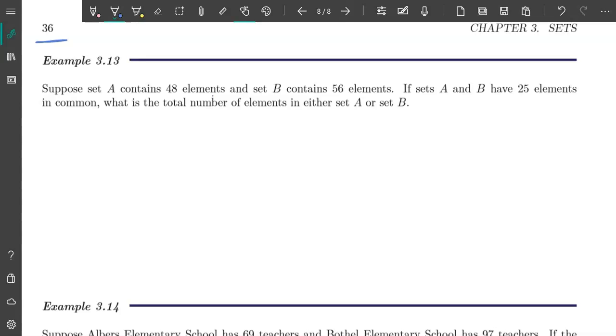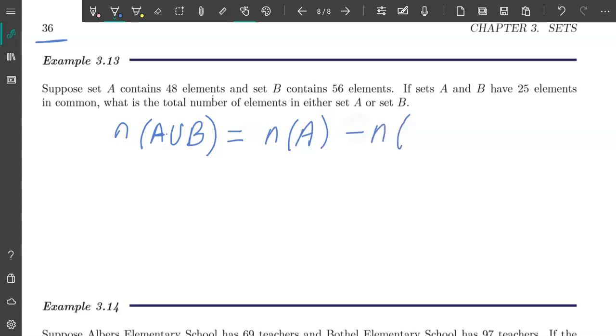So if we think about what the formula for the union is, that would be the number of A or B equals the number of A plus number of B minus their intersection.